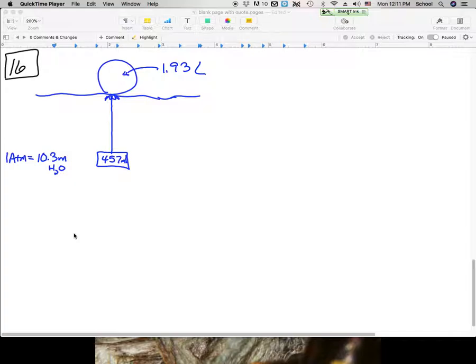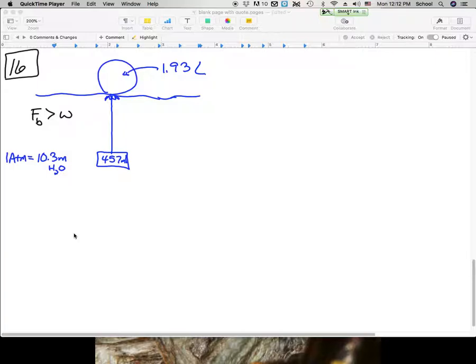Now, obviously at this point, it's very buoyant. So we know that the buoyant force is much greater than the weight, and so it stays up on top. But if we push a balloon deeper and deeper in the ocean, then the pressure is going to get bigger, so the volume of the balloon is going to get smaller.